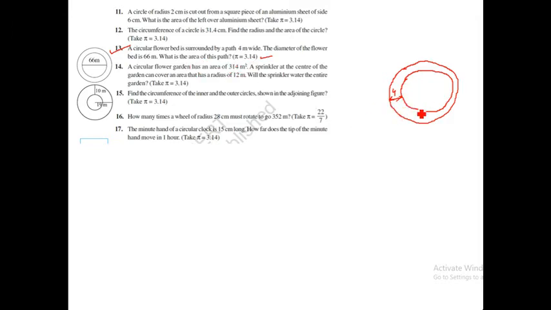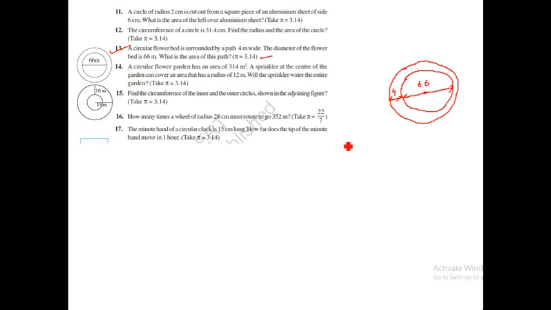So the diameter is given as 66. The flower bed is inside the path. The diameter is the line that passes through the center of the circle, that is 66.